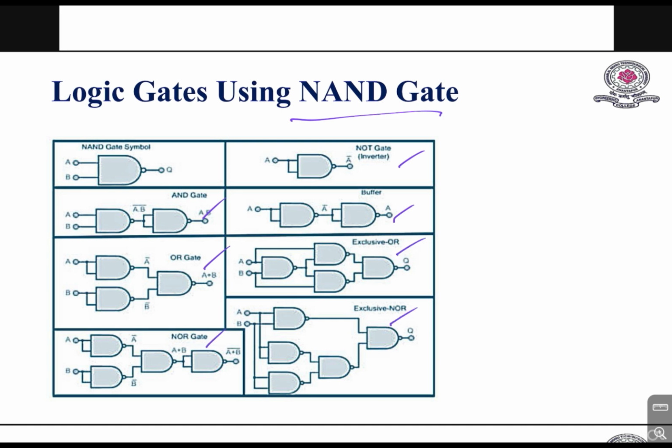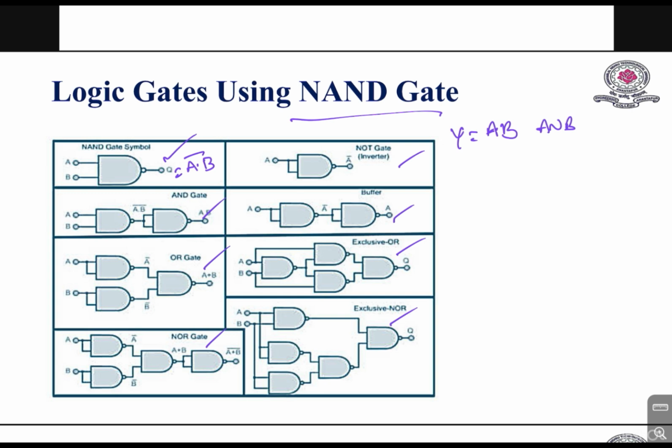So here for NAND gate the symbol is this one. Here A, B and Q. So this can be represented as A dot B whole bar, right? If you want to get the AND operation, if inputs are A and B, the AND operation Y is nothing but A dot B. So to get A dot B, already here A dot B bar is there.